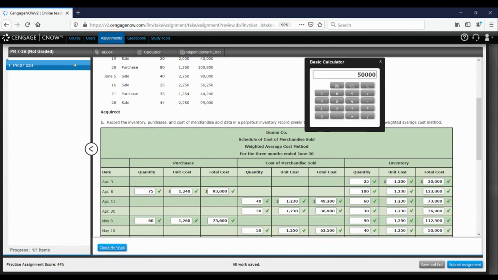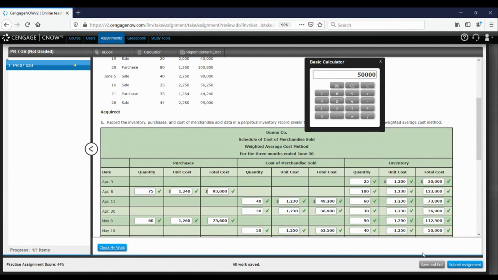In our journal, we would have debited cost of merchandise sold for $62,500. We would have credited our merchandise inventory for $62,500. Once we have posted these transactions to the ledger, our merchandise inventory account should be showing a balance of $50,000.